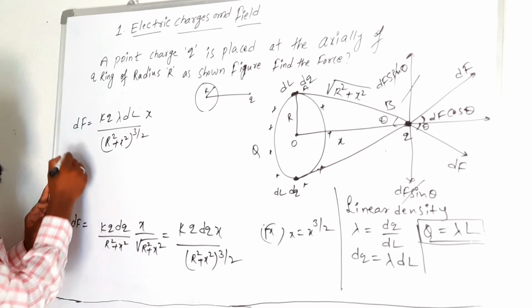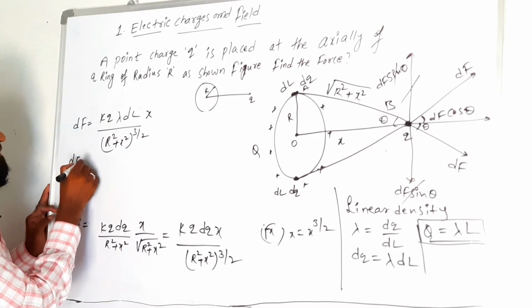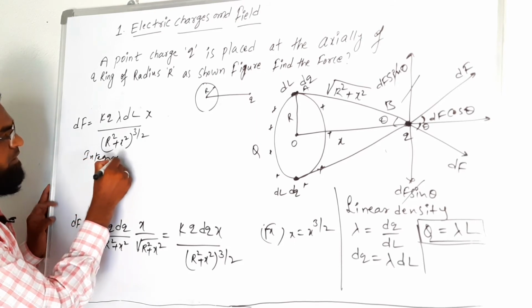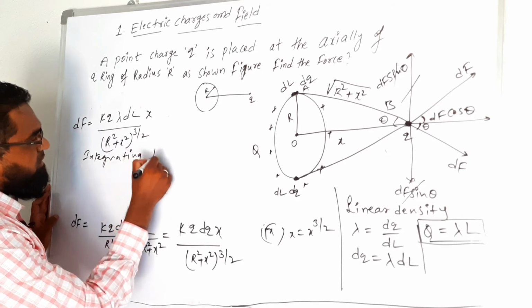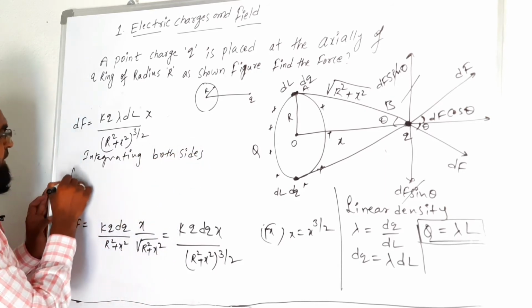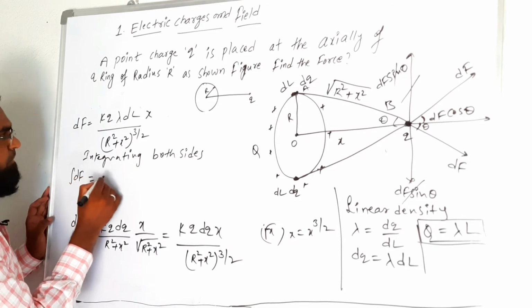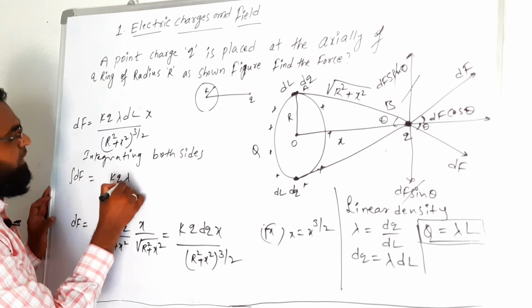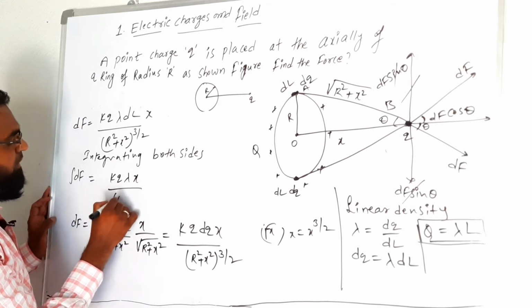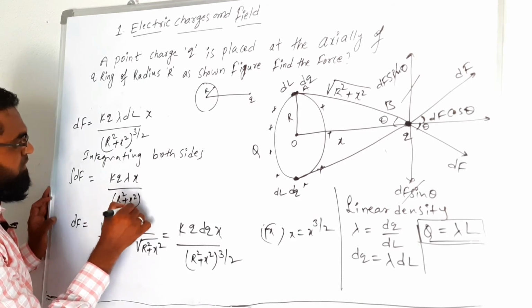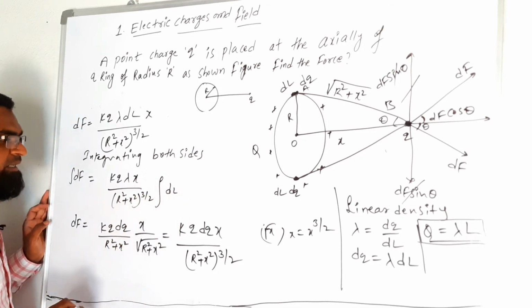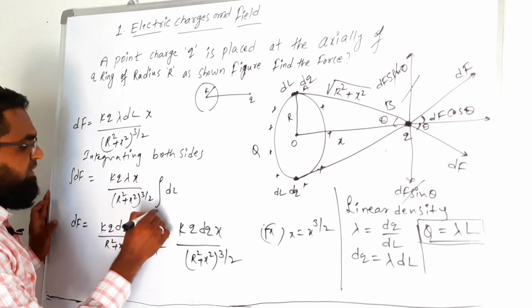This is a constant value, so integrate dl only. The limits are 0 to l.